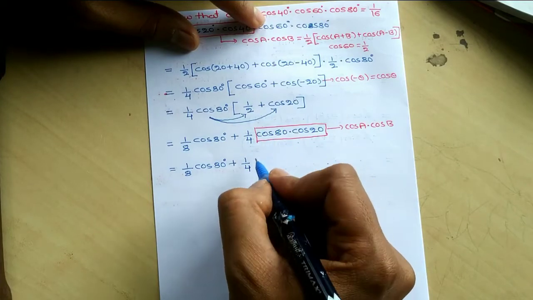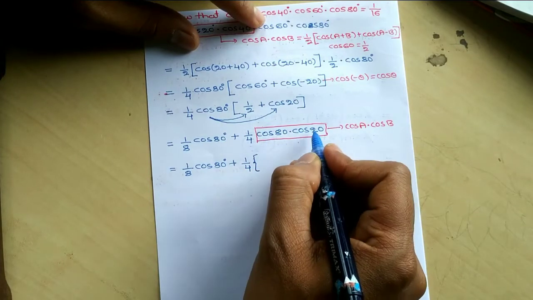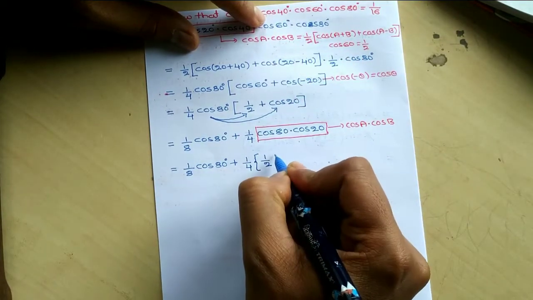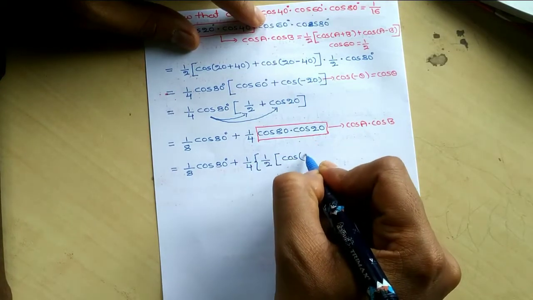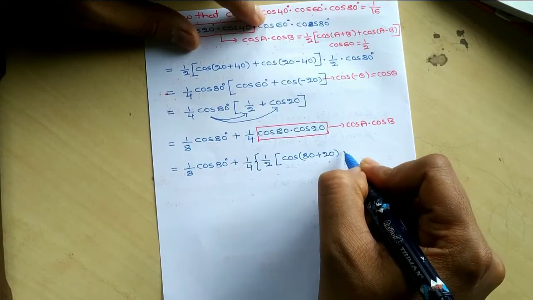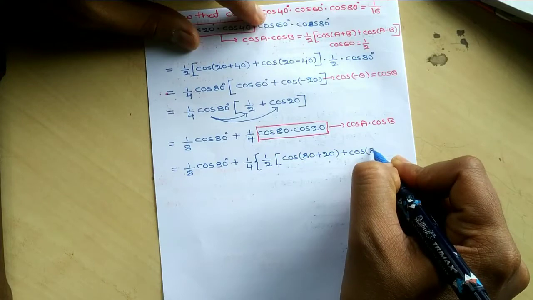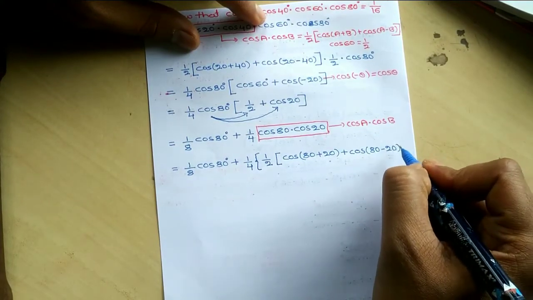Next I am going to apply the formula: 1 upon 2 into bracket cos A plus B, A means 80, B means 20, plus cos A minus B, 80 minus 20.